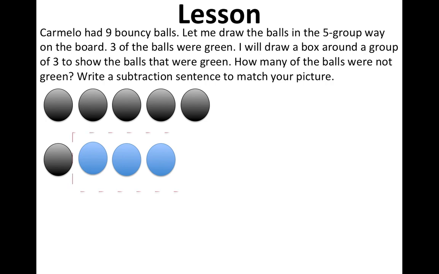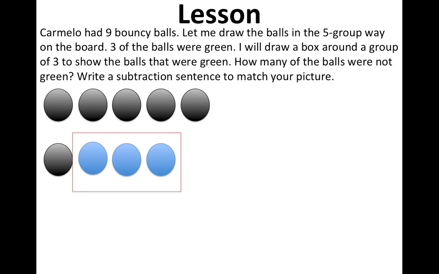So I drew a box around the balls that are not the same color as the rest of them. So let's find out how many. I want you to show me with your finger how many balls are not, in this case, not green.